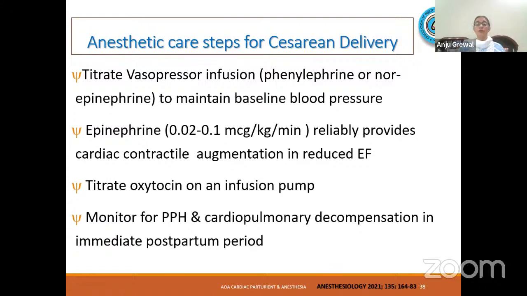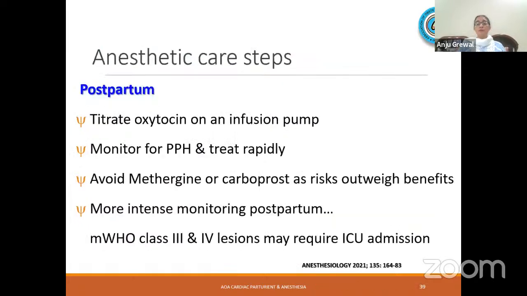Oxytocin, as I said before, needs to be titrated on an infusion pump. And of course, we need to monitor for postpartum hemorrhage and any cardiopulmonary decompensation that can commonly occur in the immediate postpartum period because of autotransfusions, right? And the same things would go on in the later postpartum period as well.